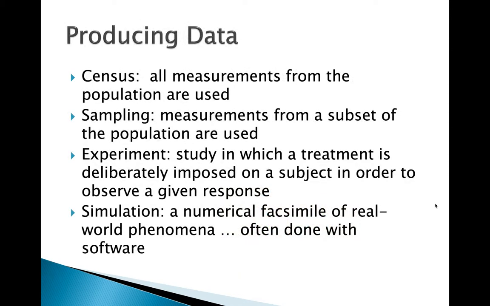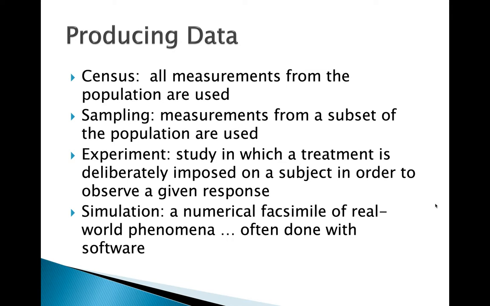Okay, so if we want to produce data, we have several choices. One, if we are looking at observing information and recording it and conducting a study that way, one thing we could do is use all the measurements from the population. Again, that is time consuming, expensive, and it's often just not possible because you can't necessarily do it all on one day.